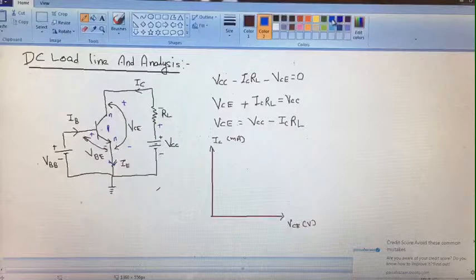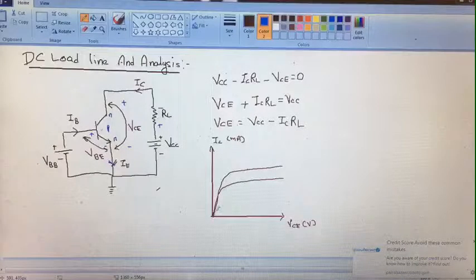Now the graph of this configuration's output characteristic was in this manner, for different values of base current. For different values of base current we have drawn the output characteristic graph in this manner.